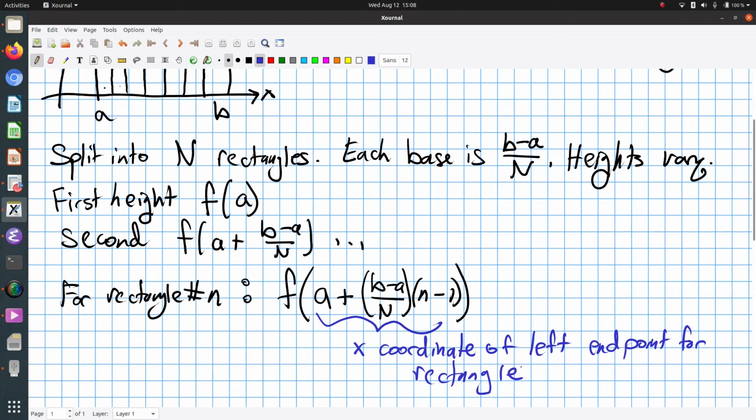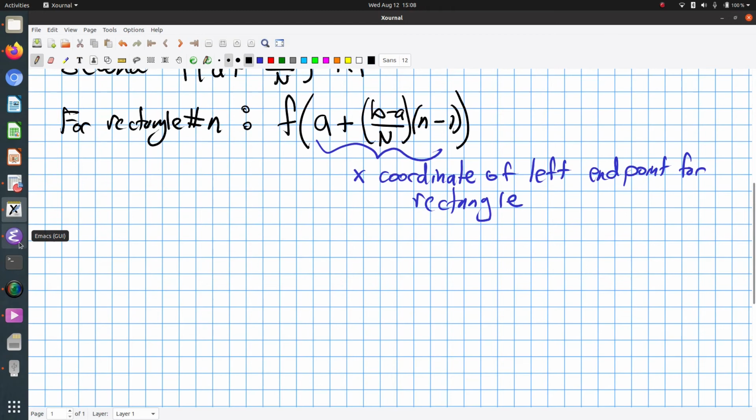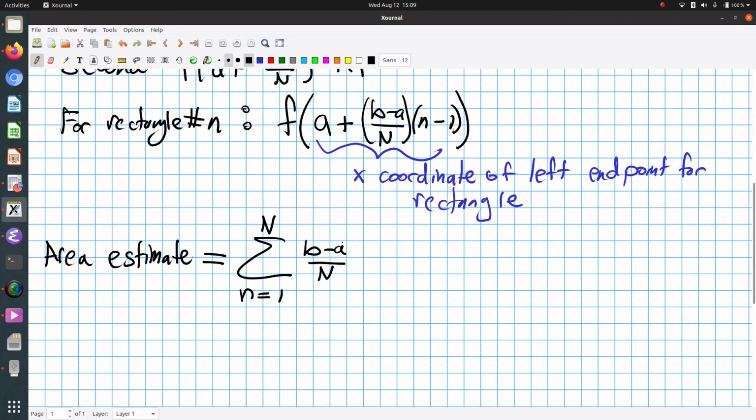And now all I need to do is add up all of these guys. Adding up all of these guys on its own sounds like a pain, but we have sigma notation at our disposal. So the area estimate is, well, I'm going to sigma from n equals 1 to capital N. The base is the same for everyone, (b minus a) over capital N. And the heights vary.